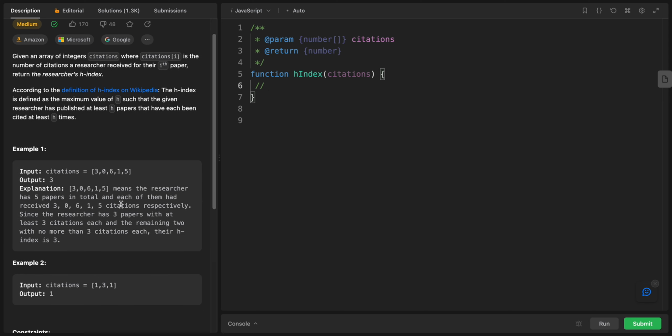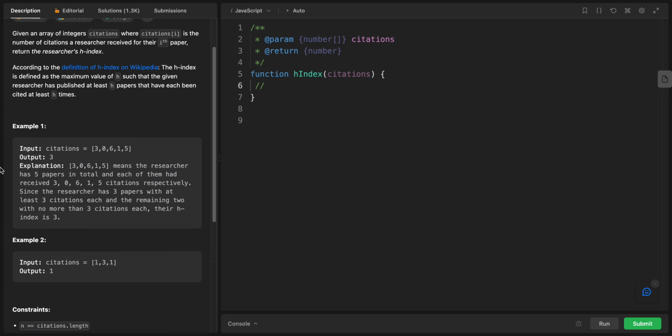So for this one, we have 3, 0, 6, 1, and 5, and the researcher has 5 papers, and each number represents the citations of a specific paper.